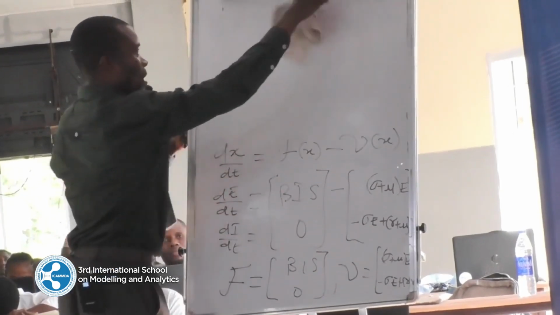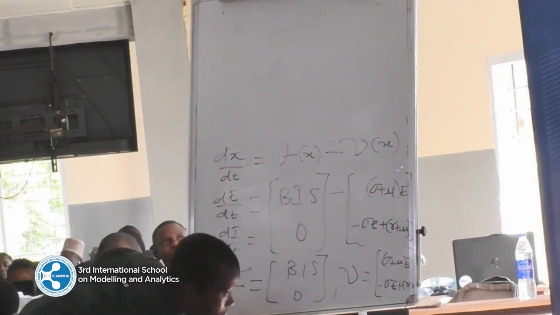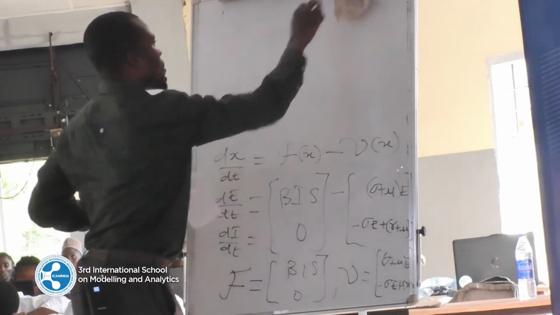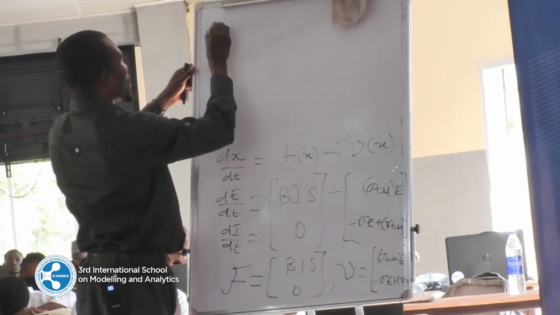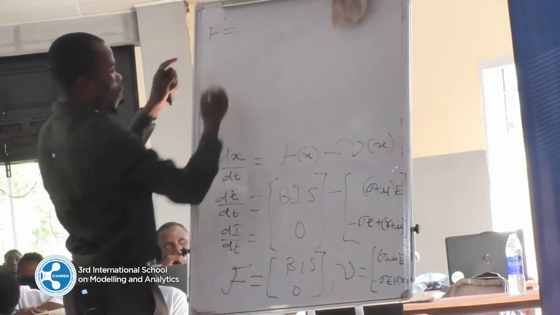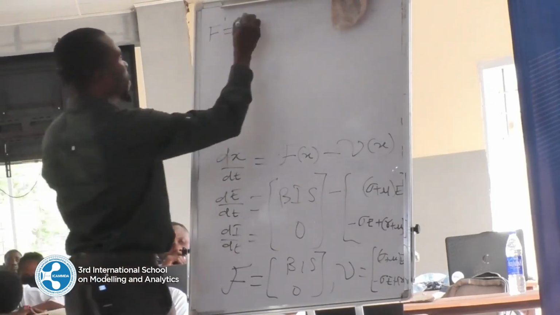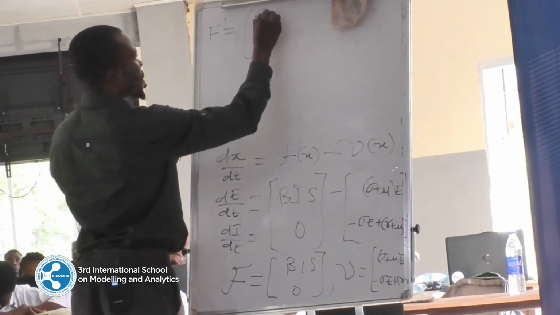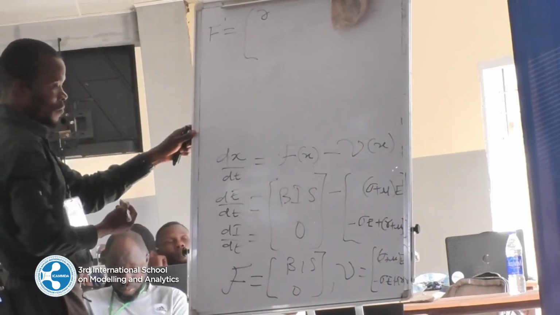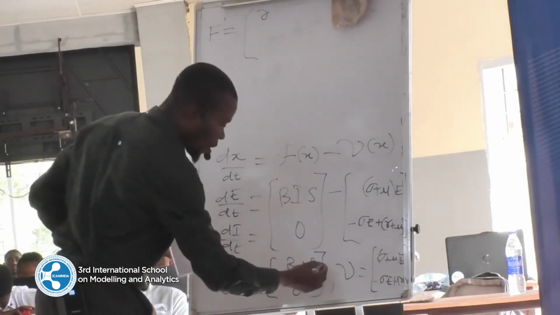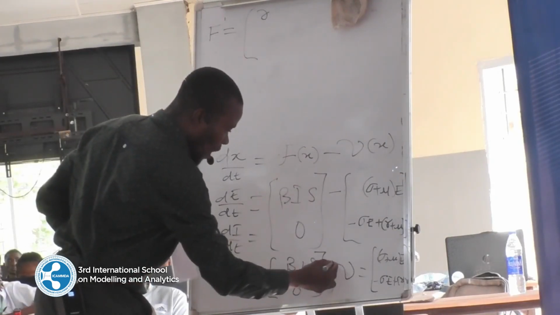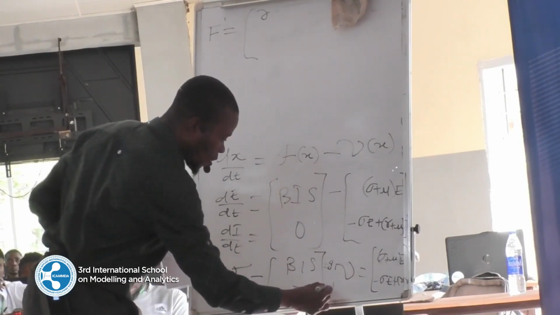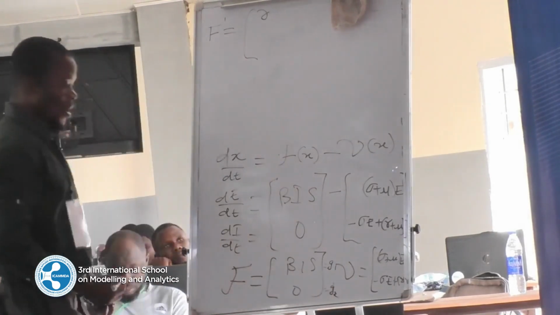the matrix of new infection terms, which is F, coming from this, will be the partial derivatives. If I call this G1 and I call this G2, are we together?